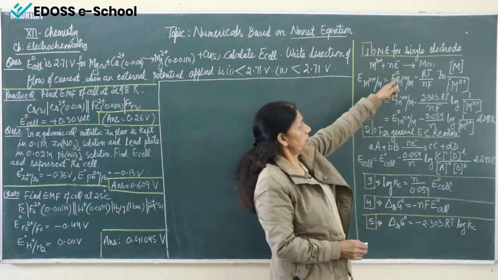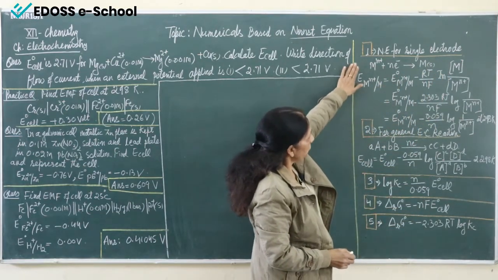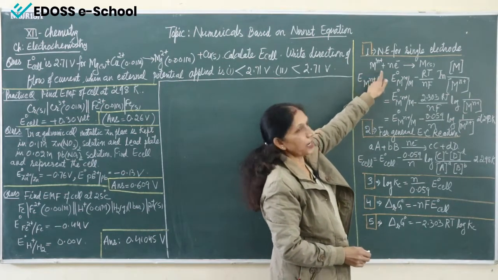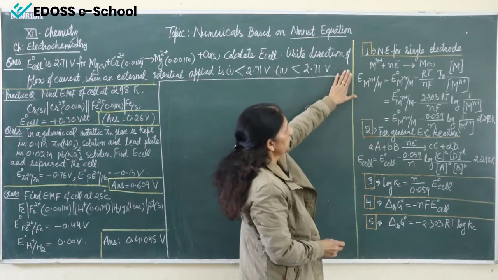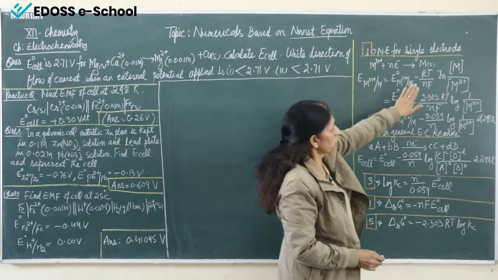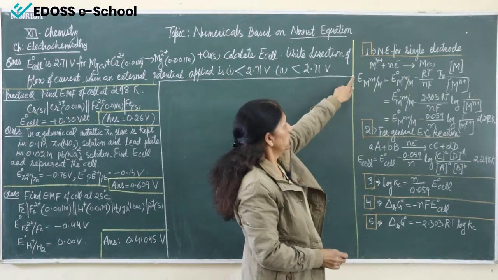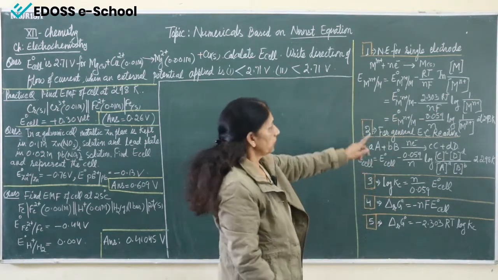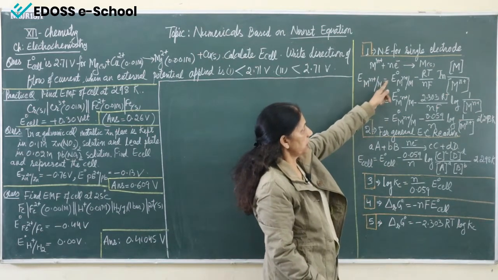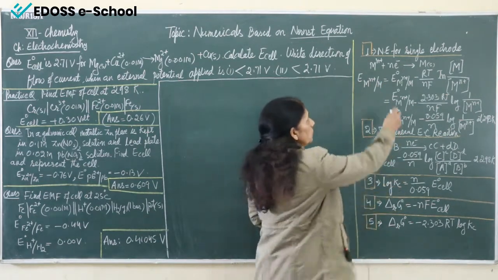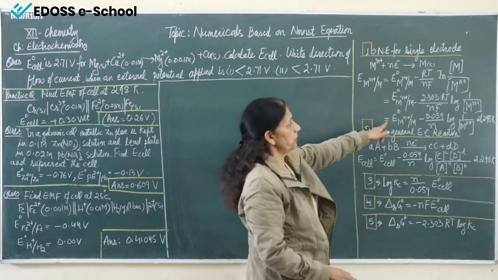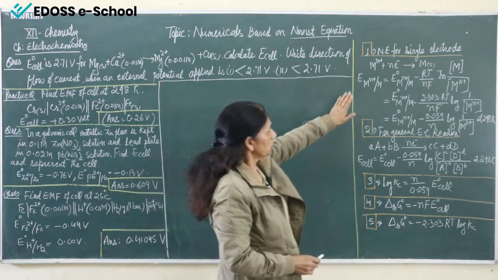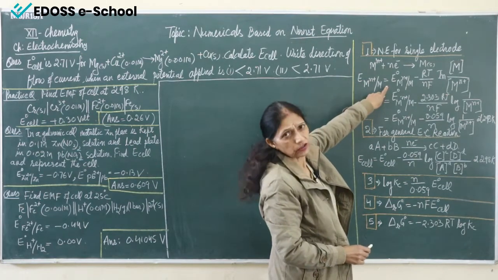Now if you want to find the electrode potential of this single electrode, we can use a Nernst equation. All these forms of the Nernst equation are the same, but because they are a little bit difficult, we are simplifying it step by step, and ultimately we will get the simplest form of the Nernst equation.